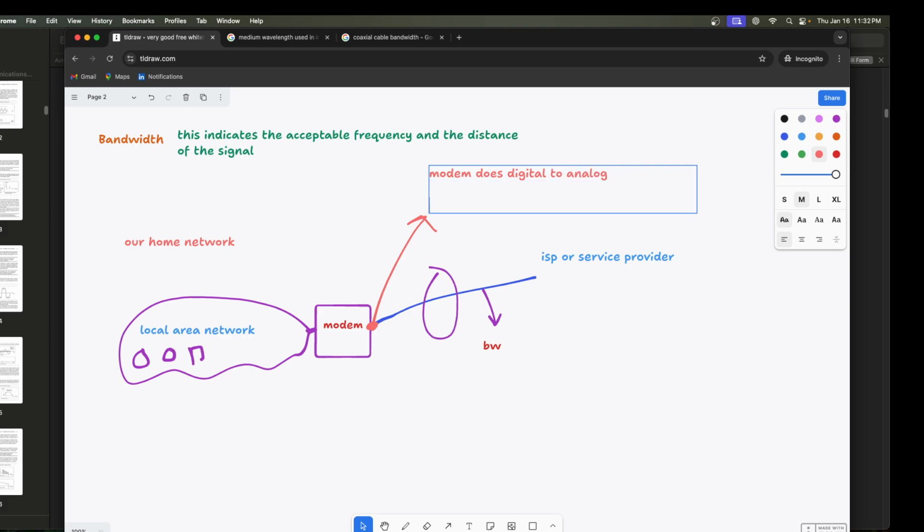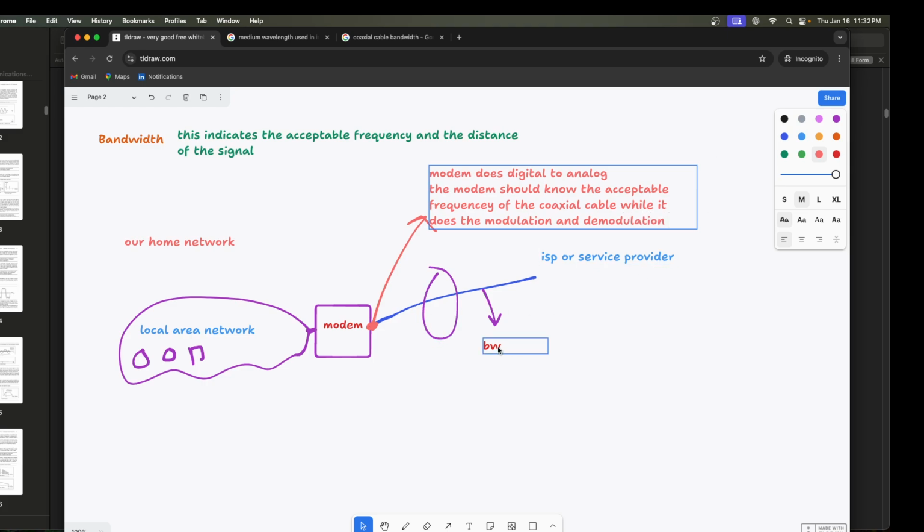So now the modem should know the acceptable frequency of the coaxial cable while it does the modulation and demodulation.